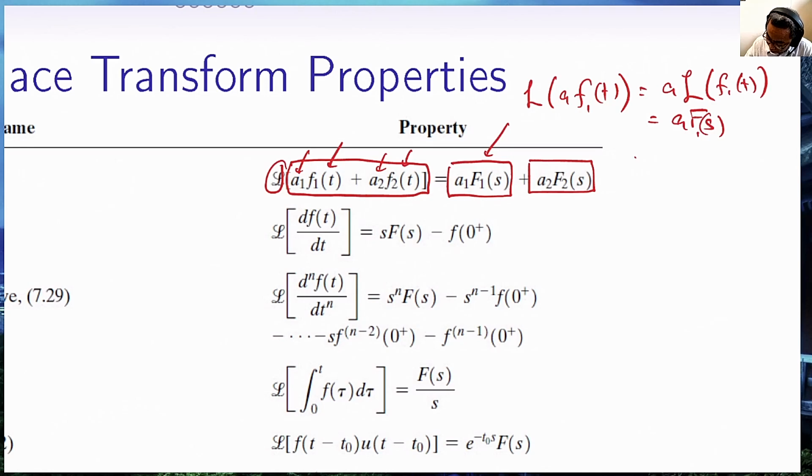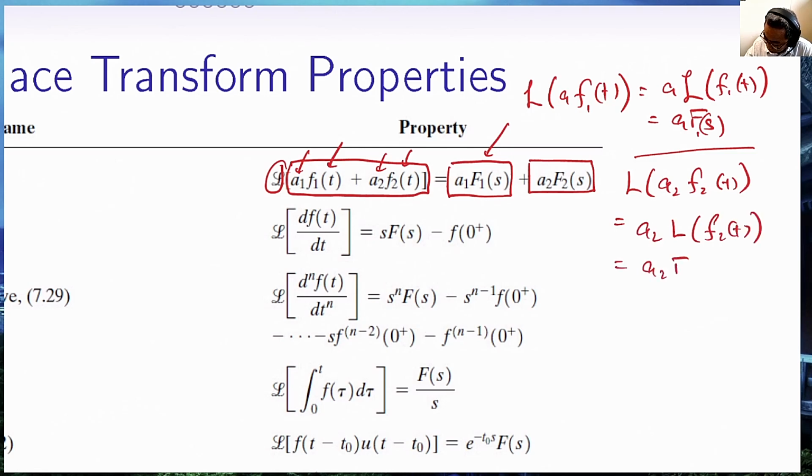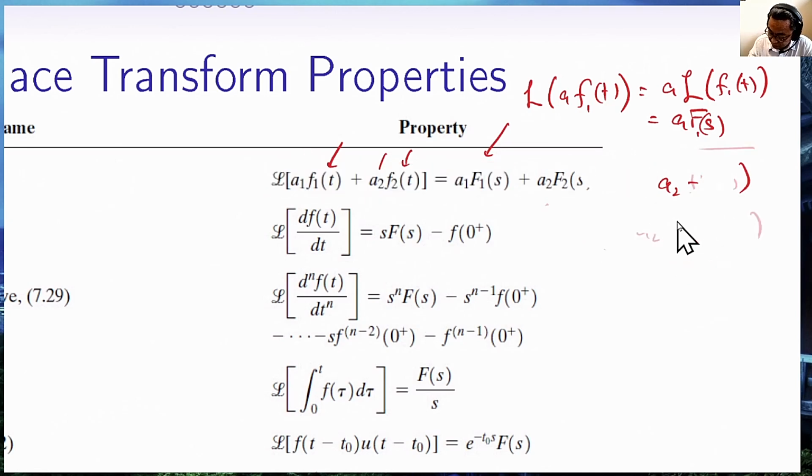And similarly, the other one is the Laplace transform of a2 f2 of t is equal to a2 times the Laplace transform of f2 of t, equal to a2 F2 of s. And individually, they can be summed together such that this happens. Right, so these are the linearity property, and it's a very big deal. We also say that the Laplace transform is a linear operator.